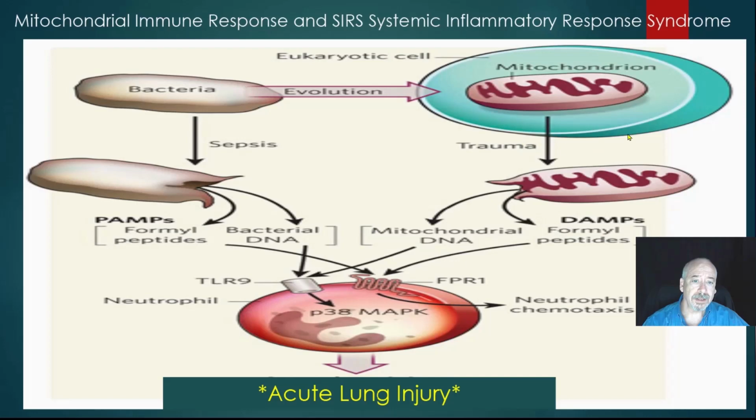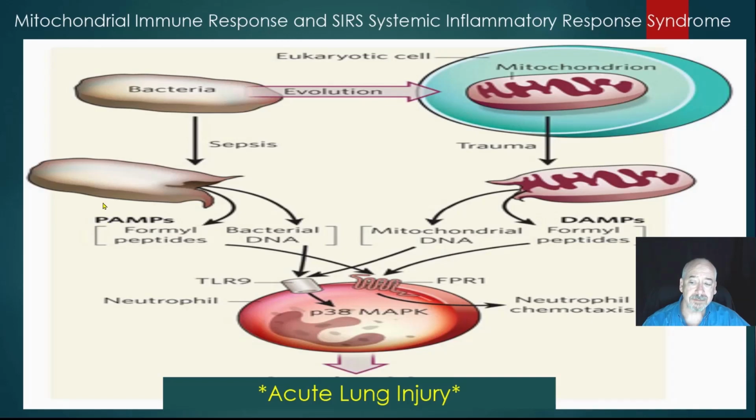When, in the case of a viral infection, the cell is hijacked and the 80 or so virions that are being produced as the new parts of the new viruses, and that cell then releases it by being destroyed by the virus, that abruptly discharged viral initiated breakdown of the cell liberates all of this DNA, this mitochondrial DNA, through the damage-associated molecular pattern system. Your body picks up this as being damaged.